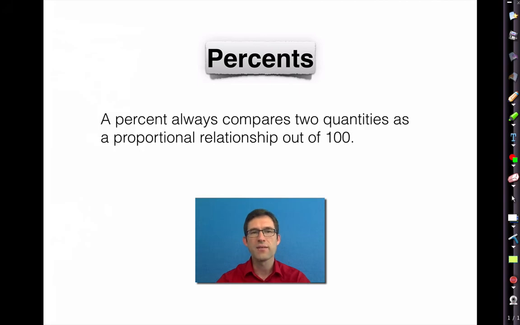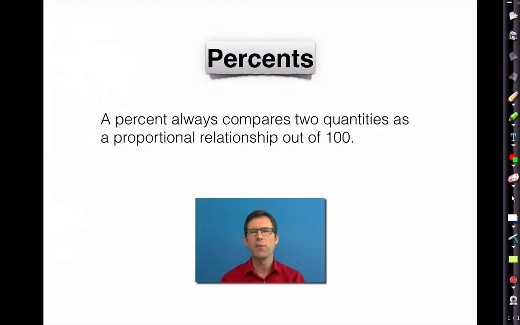Now, a percent always compares two quantities as a proportional relationship out of 100. And very early on, you develop this sense. You talk about giving 100%, or getting 95% of something done, or getting an 82% on that spelling test you took.